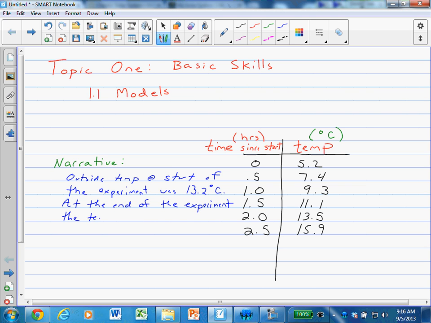the outside temperature or outside air temperature was pretty warm, 19.3 degrees Celsius. It's a hot day, right? I think. What's 19.3 degrees Celsius?